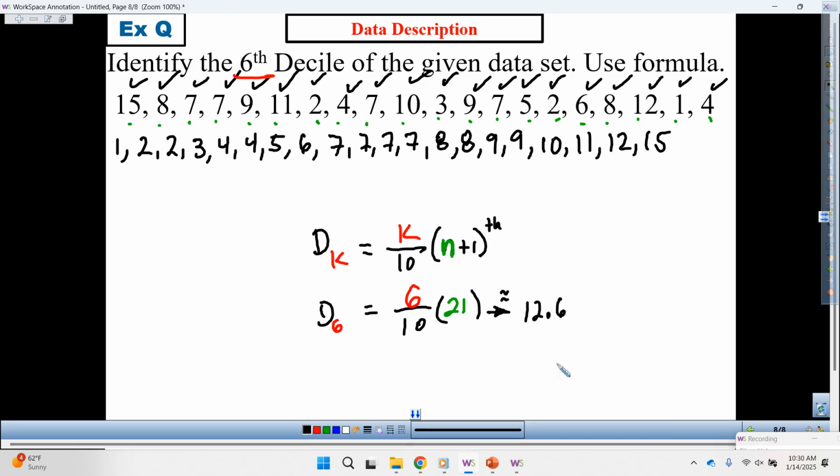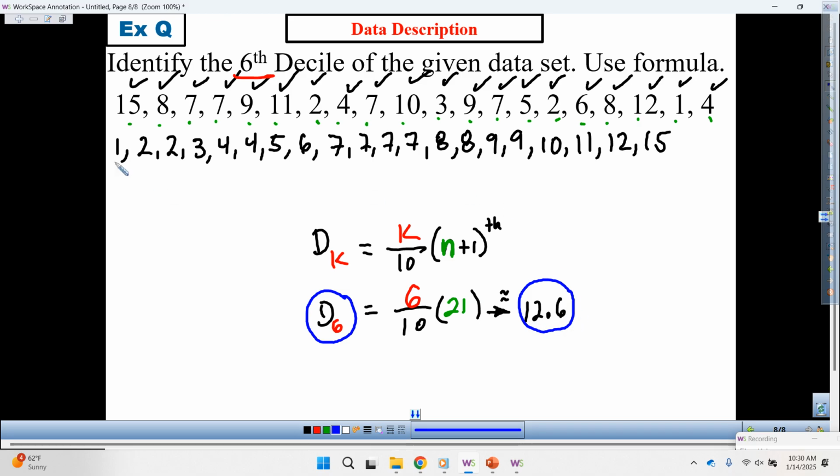Hands, have you got 12.6? Okay. However, what is this number? Circle it in blue. Because we are finding the what? What do we label in blue in our formula? The rank or position. Is that correct? So that means we're looking at the 12.6 position. Y'all ready? Here we go.